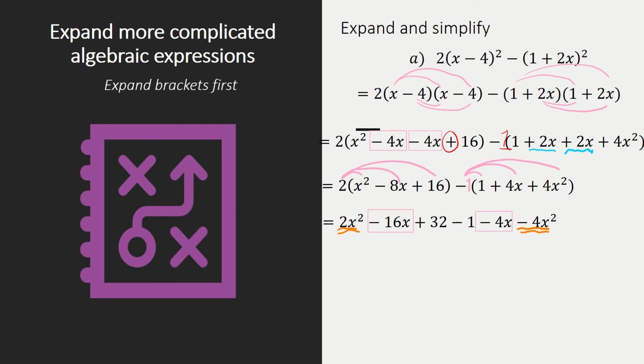Minus 16x and minus 4x are like terms as well, and plus 32 and minus 1 are like terms. When we add or subtract those, so when we simplify, we get minus 2x squared minus 20x plus 31.